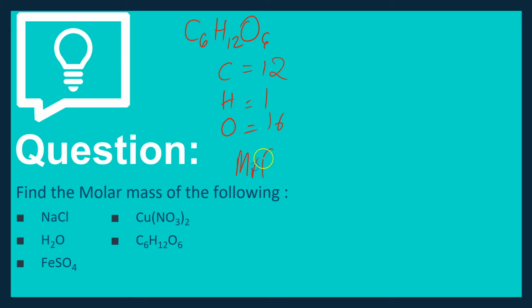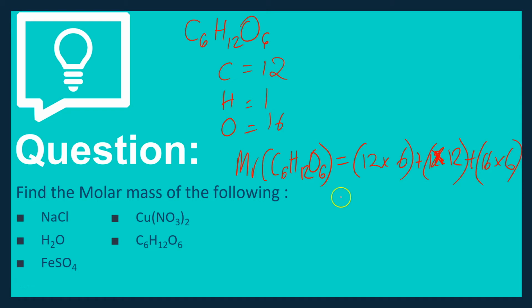So the molar mass of C6H12O6 is equal to, so carbon weighs 12, but there's 6 of them, so it's times 6, plus 1 for hydrogen times 12, because there's 12 of them, plus 16 for oxygen times 6 as well. And if you were to work that out, that would be 72 plus 12 plus 96, which is equal to 180 grams per mole.